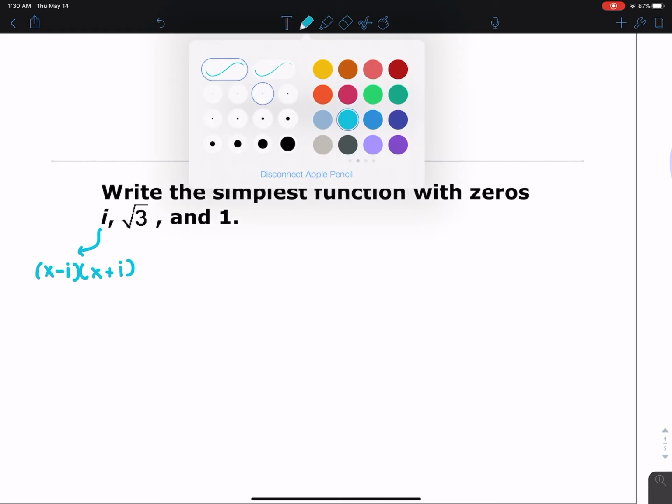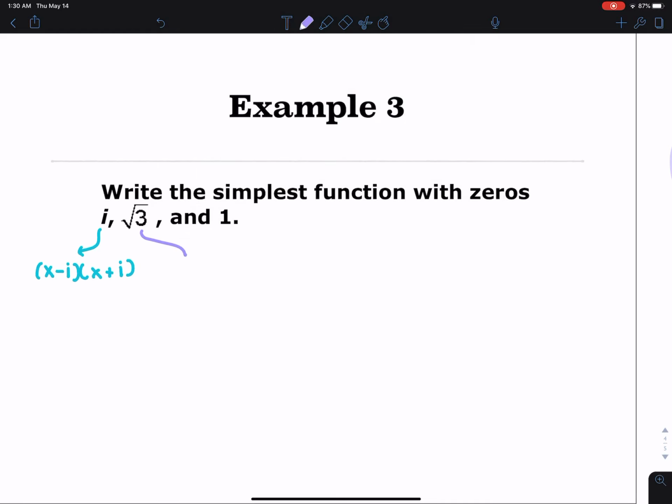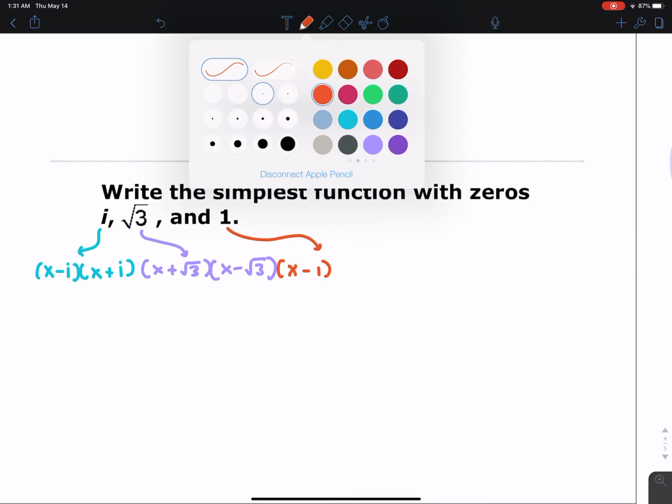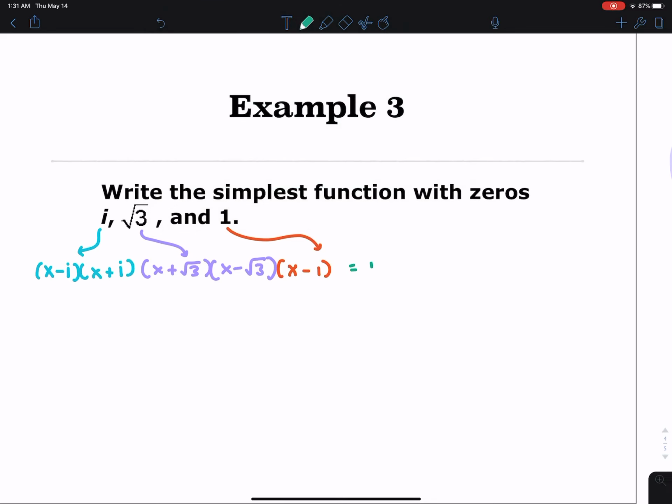And then anytime you see a square root, we would have x plus the square root of 3 and x minus the square root of 3. And then this is just like we did in example 1. If we have 1 as a root, then x minus 1 is going to be our factor. And this is going to give us our polynomial.